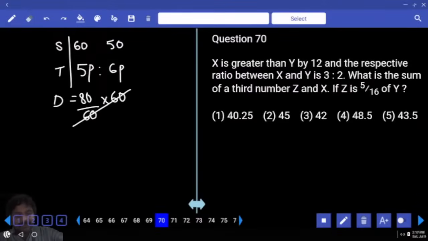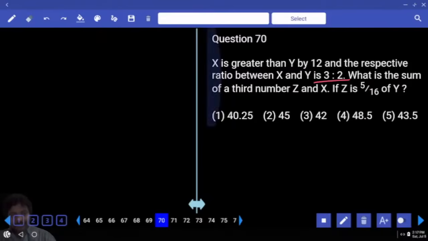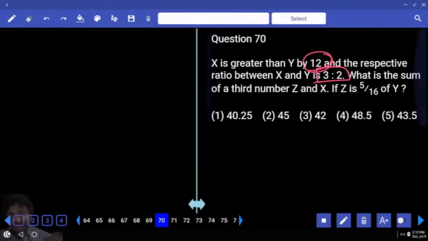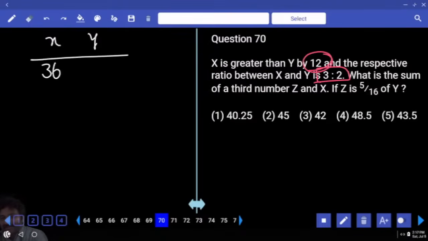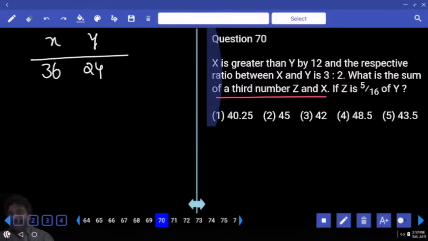X is greater than y by 12 and the respective ratio between x and y is 3:2. In terms of number of parts, what is the difference which is equal to 12 in number? If one part is 12, x is going to be 36, y is 24. What is the sum of a third number z and x? We have a third number z.